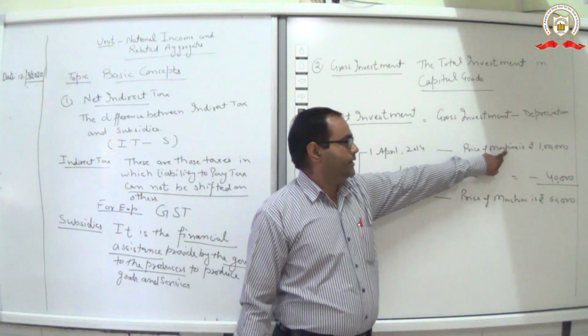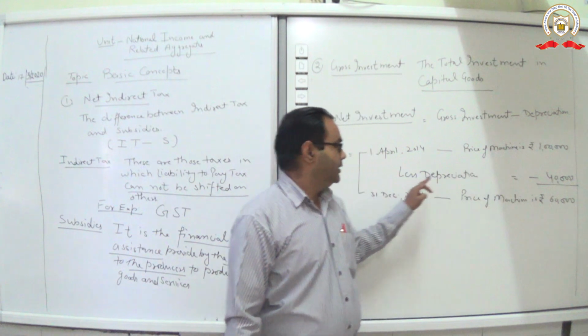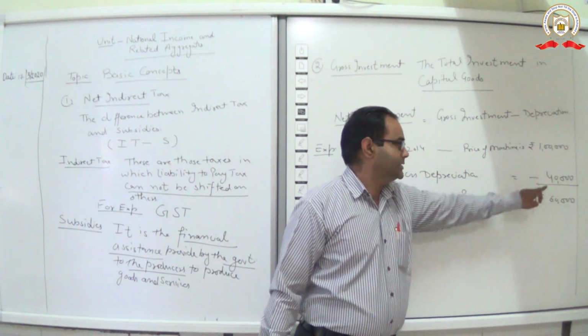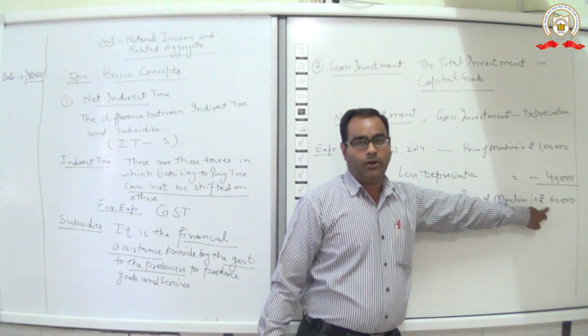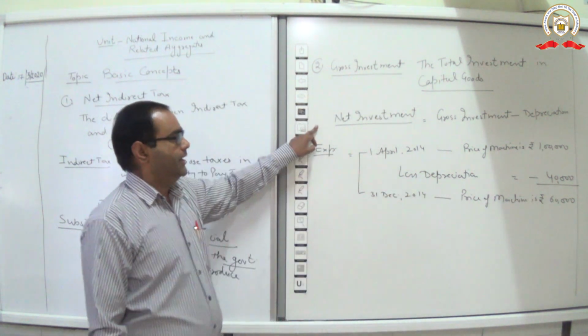The gross investment on 1st April 2014 is 1 lakh rupees. The value of depreciation is subtracted, that is 40,000 rupees. We get the net investment, that is 60,000 rupees. So this is the concept of gross investment and net investment.